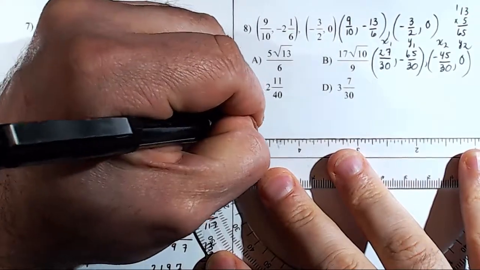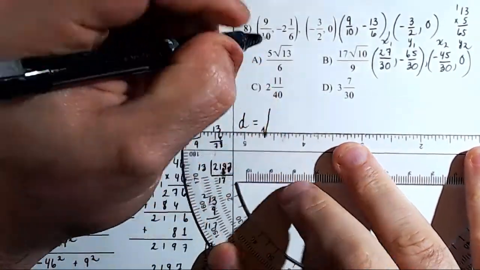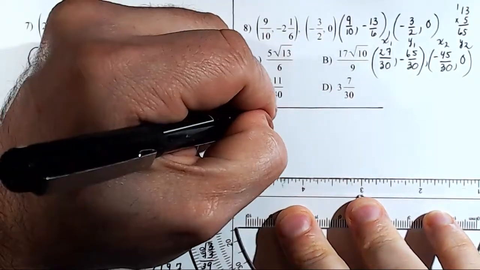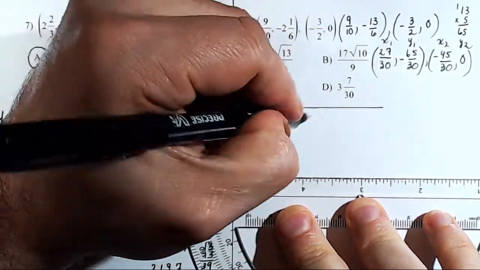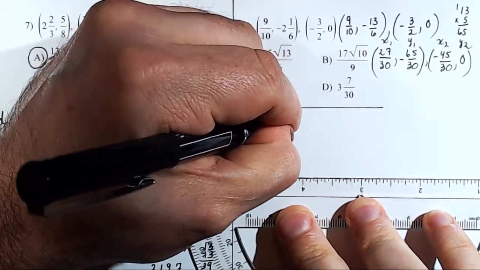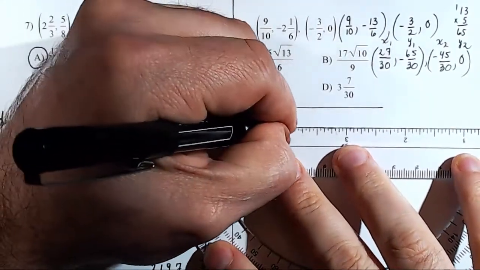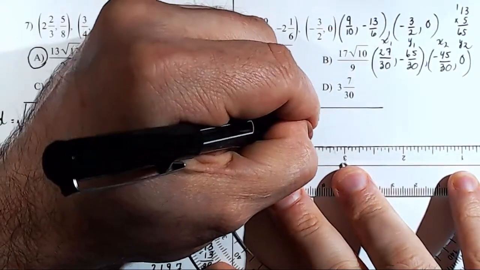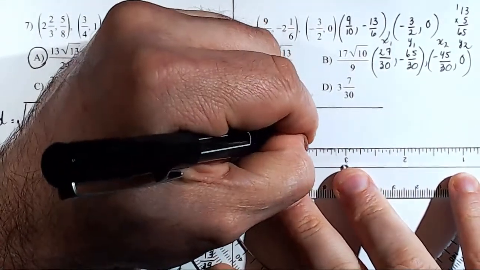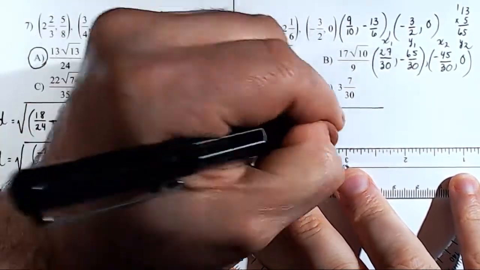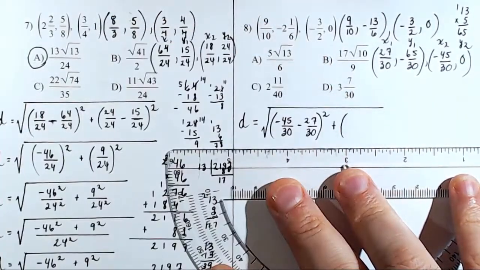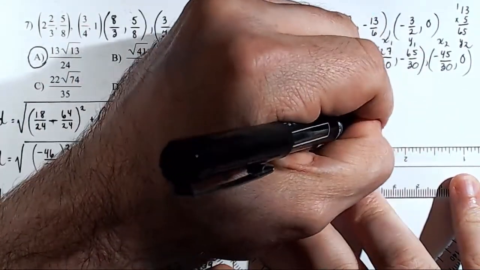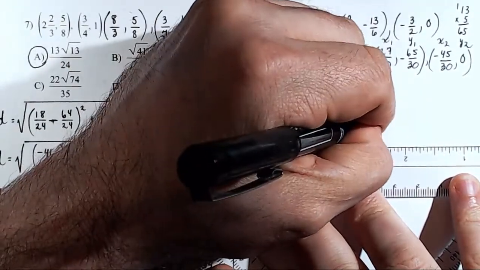So D equals square root of, now we'll plug everything in. I need X2, which is negative 45/30ths, minus X1, which is 27/30ths, squared, plus Y2, which is 0, minus Y1, which is minus 65.